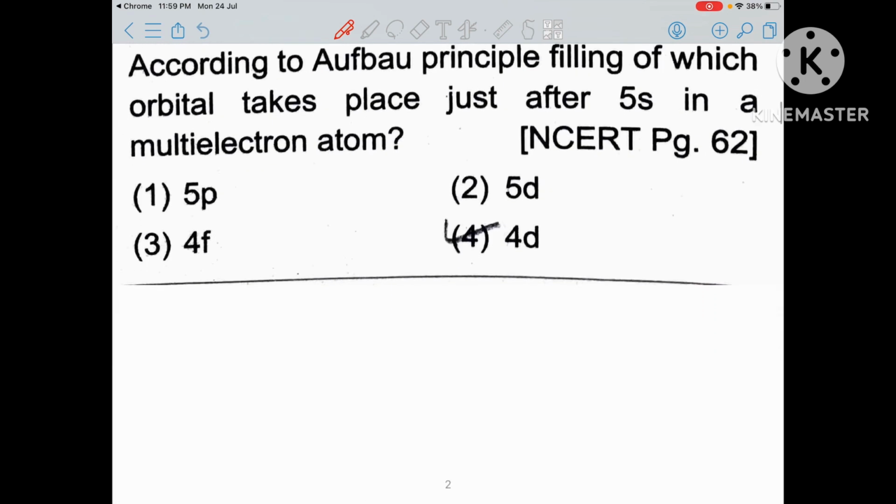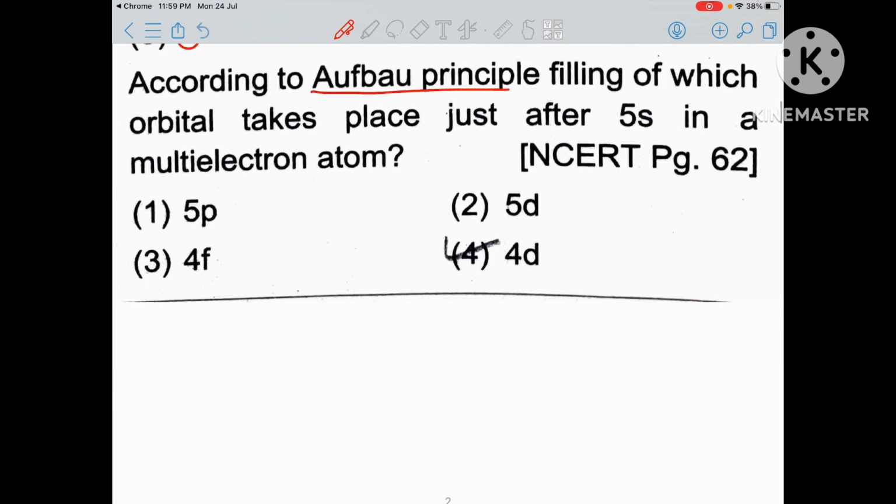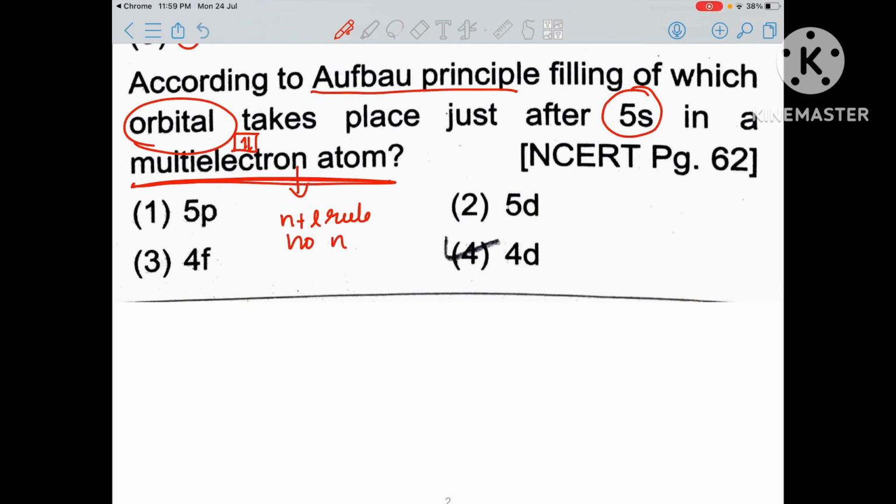Moving on. According to the Aufbau principle, filling of which orbital takes place just after 5s in a multi-electron atom? Multi-electron means the n plus l rule, not the n rule. So for 5s, if you take n plus l, 5 plus 0 comes out to be 5.